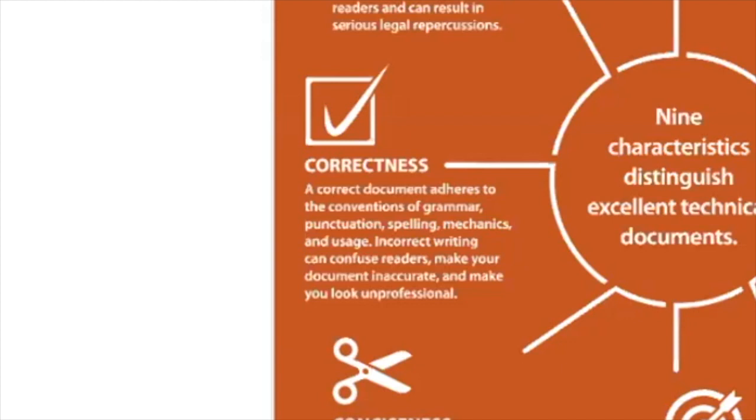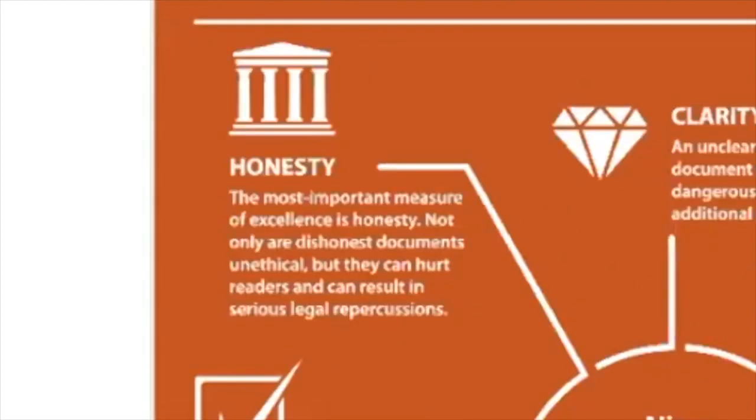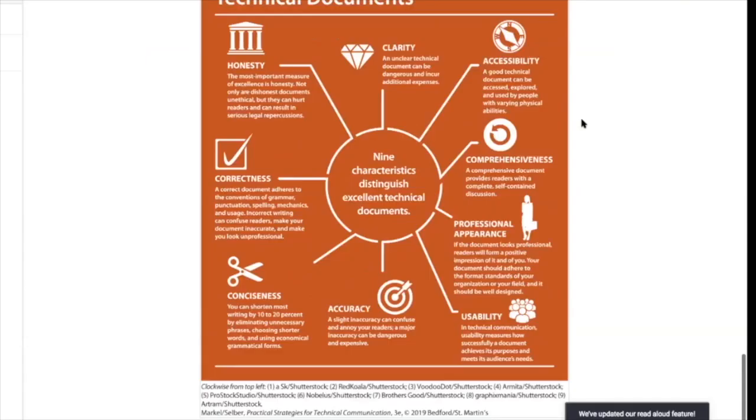Incorrect writing can confuse readers, make your documents inaccurate, and make you look unprofessional. Honesty. The most important measure of excellence is honesty. Not only are dishonest documents unethical, but they can hurt readers and can result in serious legal repercussions.